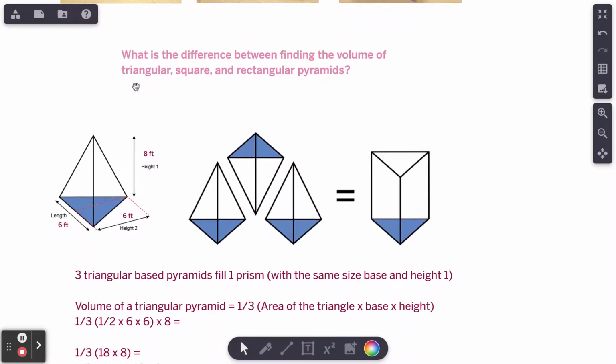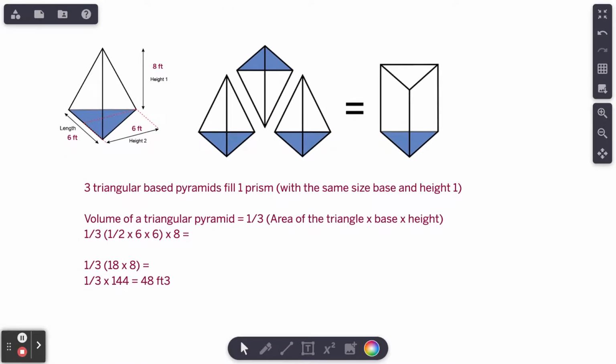But how would we do a triangular pyramid? And this is where it just gets a little bit different, because in order to find the volume, you have to have the area of the base. So the area of the base of a triangular pyramid is going to be different. And so we would just need to use the formula for finding the area of a triangle first before we could find the volume.